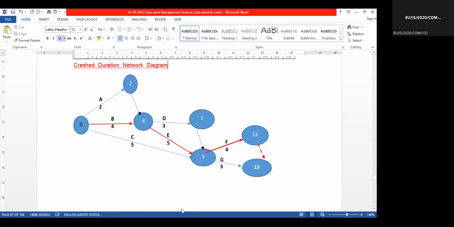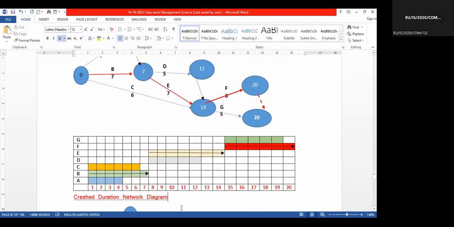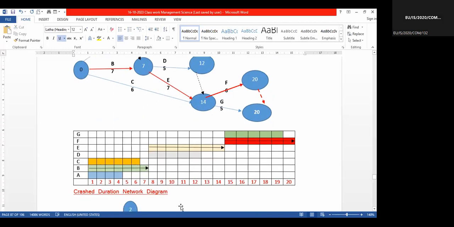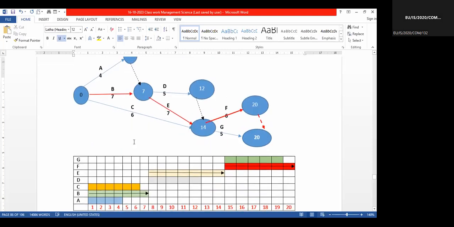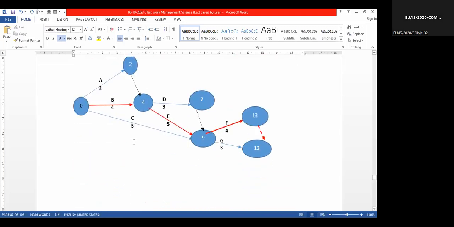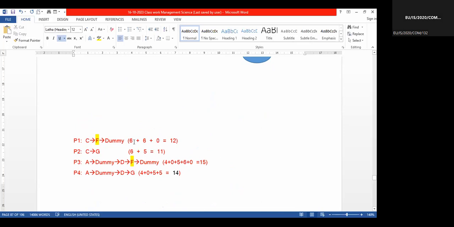Normal duration, how many days? Normal duration is 20 days. Crash duration is 13 days, right?